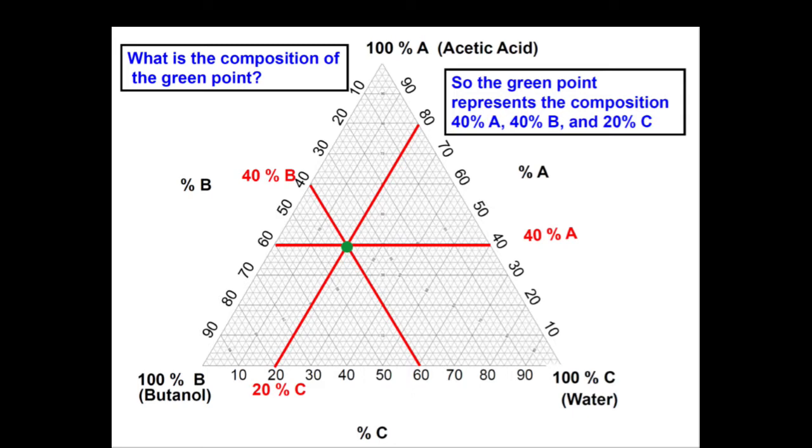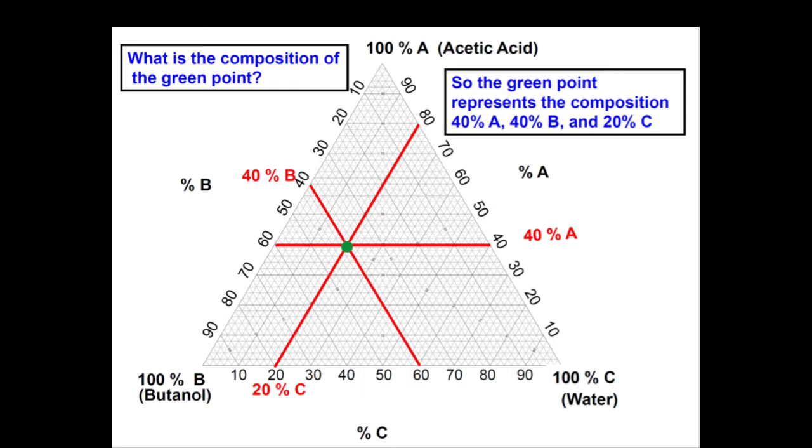So for example, let's take that green point right in the middle, okay? So that point represents a certain composition of A, B, and C. So how do you figure out what its composition is? Well, what I always do is I start with a vertex, like the 100% A on top. So if that point is 100% A, right at the top of that triangle, I go down to the line that's opposite it, okay?